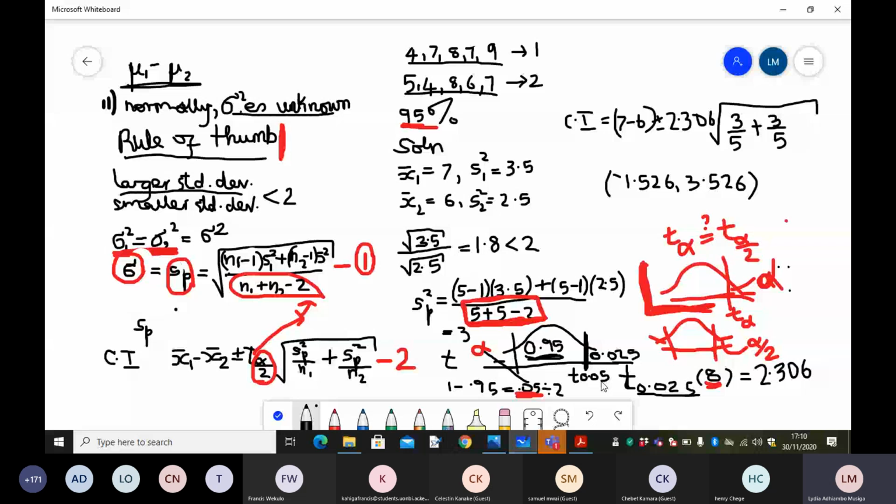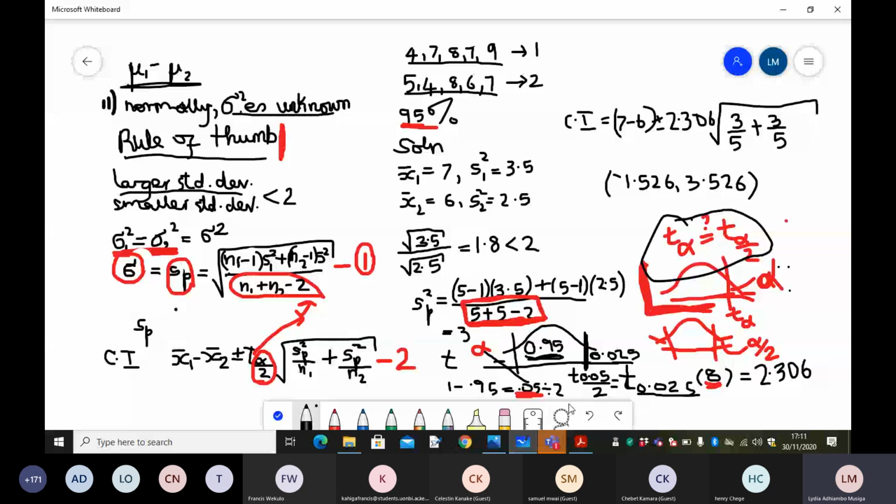And maybe when I wrote T alpha there, and I wrote T 0.05, that is why one of our friends was wondering whether T alpha is equal to T alpha over 2. I don't know whether I'm clearer now. This is T 0.05 divided by 2, which is equal to T 0.025. Where do we get 0.025 from? It is 0.05 divided by 2.